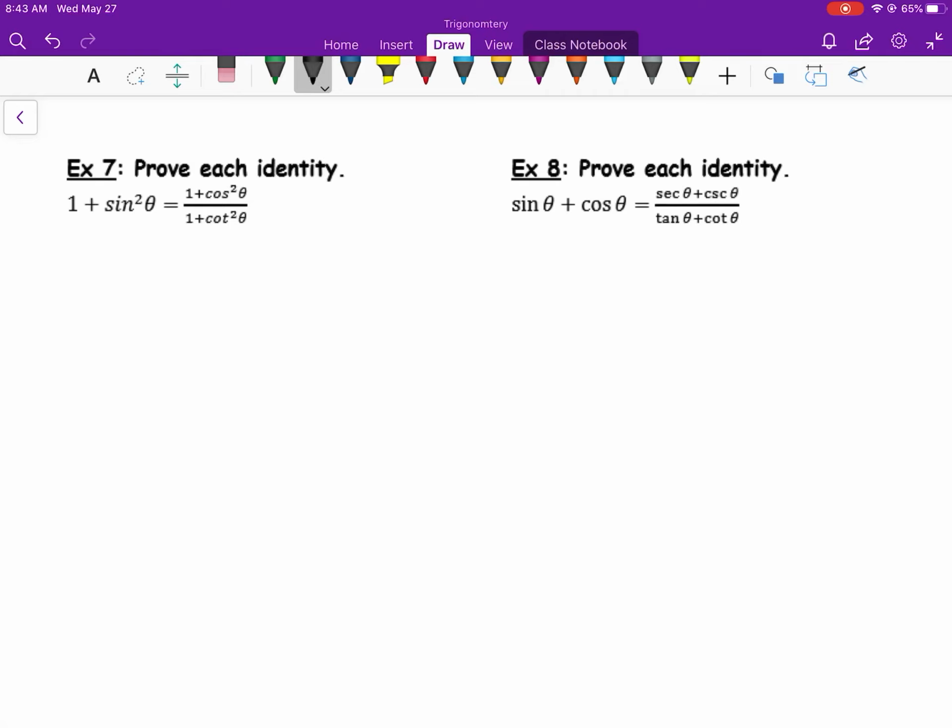7. Alright, so 7, I got 1 plus sine squared equals 1 plus cosecant squared over 1 plus cotangent squared. Alright, so I'm going to look at this right hand side.